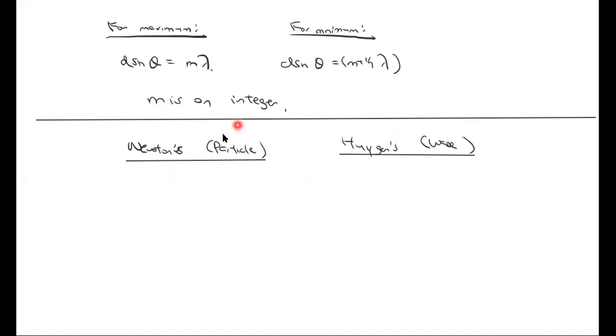Newton's particle model of light basically says light is made up of particles, all right? He called it the corpuscular theory of light. And basically he thought of light as made up of lots of particles.